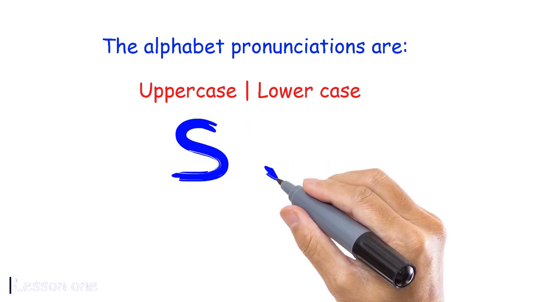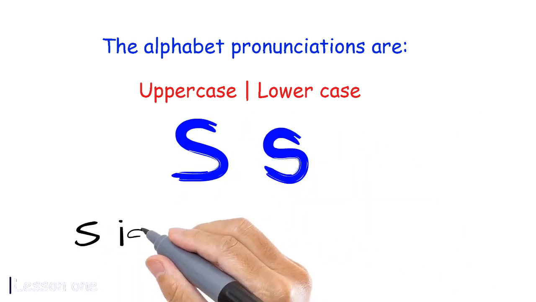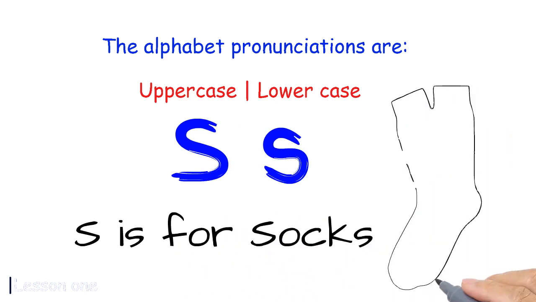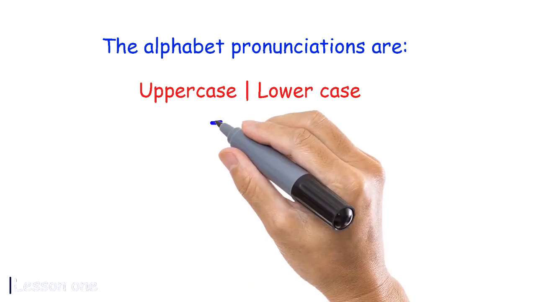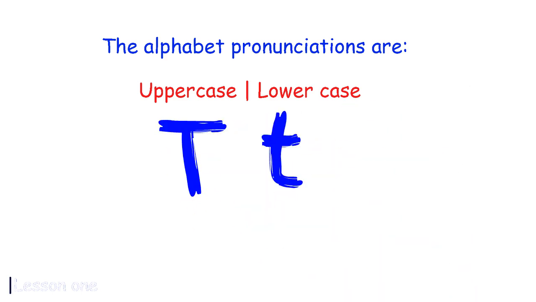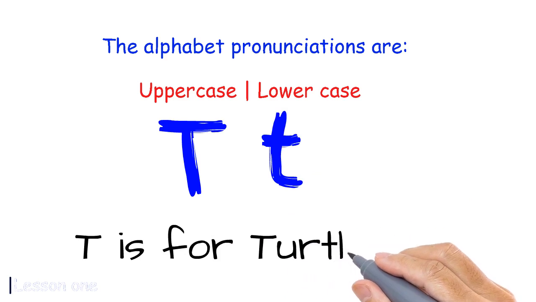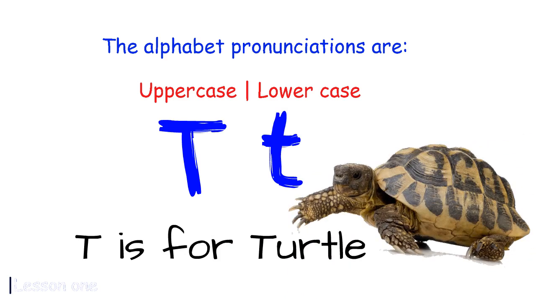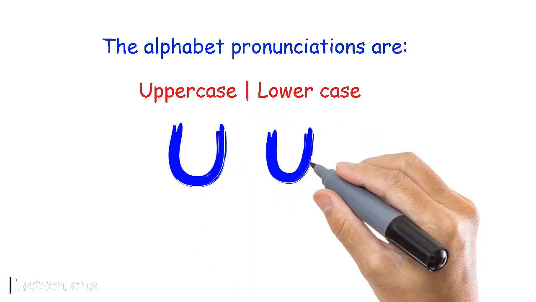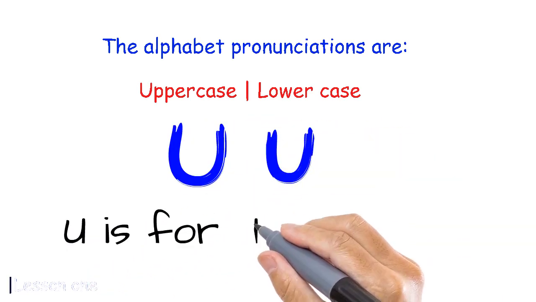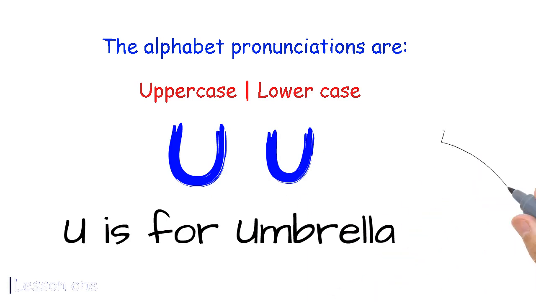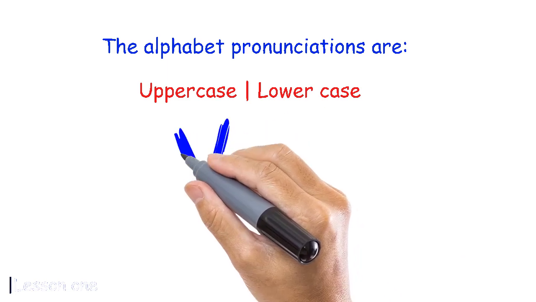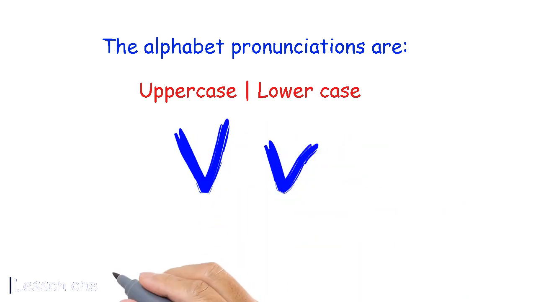S is for socks. T is for turtle. U is for umbrella. V is for violin.